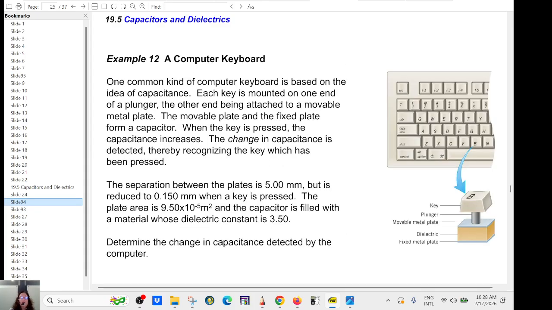So let's do the computation quickly. A keyboard, you have a key here, and when you press the key, you change the distance. By changing the distance between the plates, you increase the capacitance. And because you increase the capacitance, it can hold more charges. And if it's holding more charges, that means you have a little current flowing.